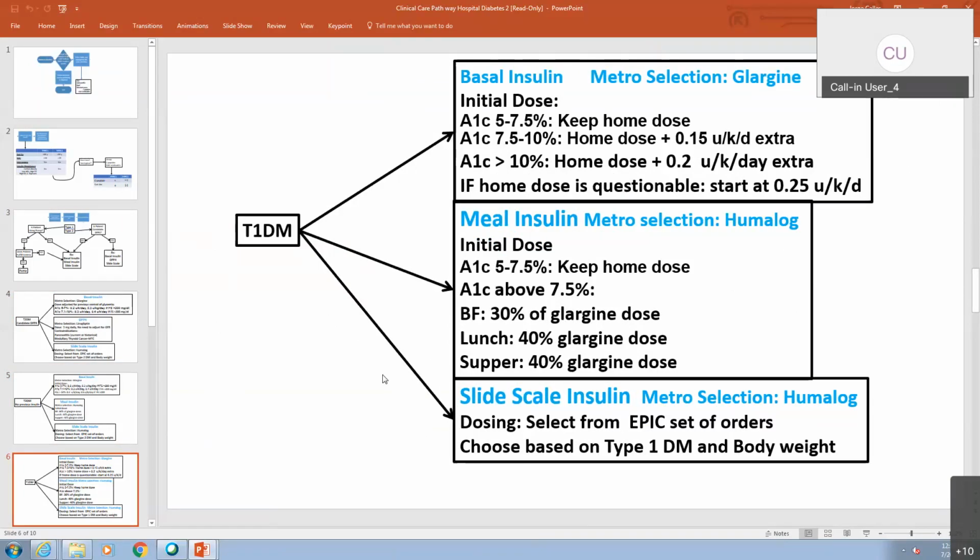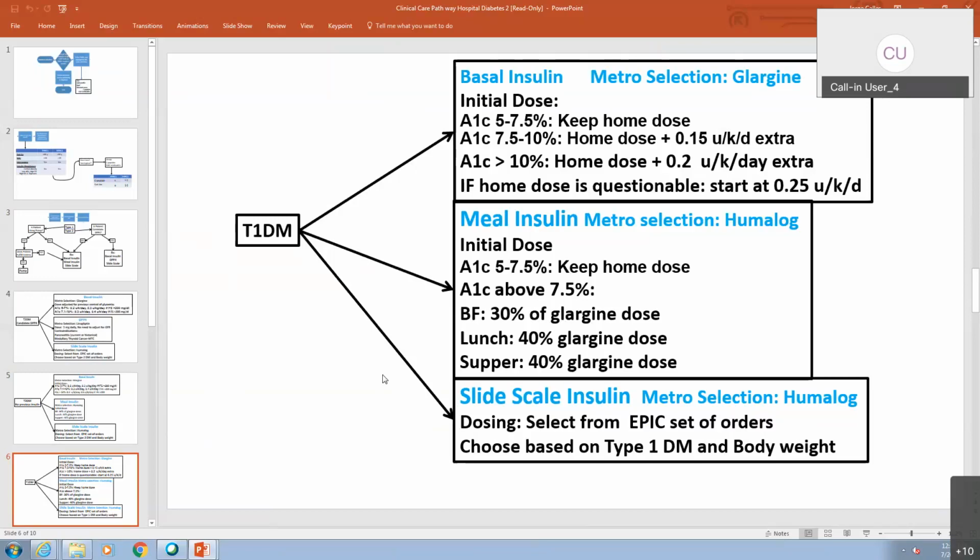Because it's not the same to treat someone who has a perfect A1C in whom, even when my estimated dose is different, the patient has shown me with an A1C that he knows what he's doing, or she, right? So in that particular patient, I just leave it as is.